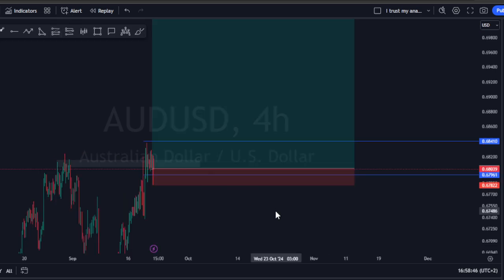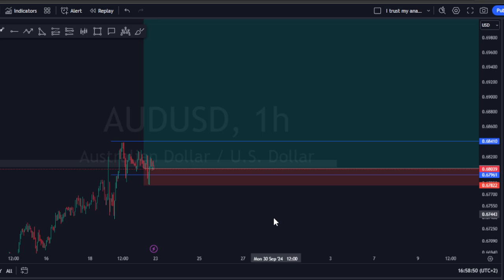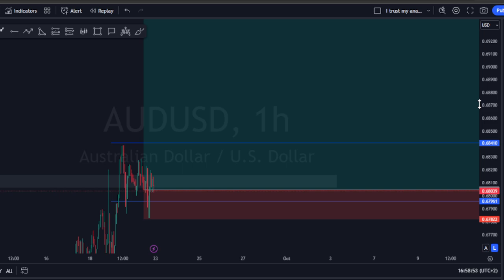Let me go to the 1 hour and just see. Price is playing at the previous zone exactly. So yeah, this is what I will be anticipating, and also looks like it's a pattern as well.